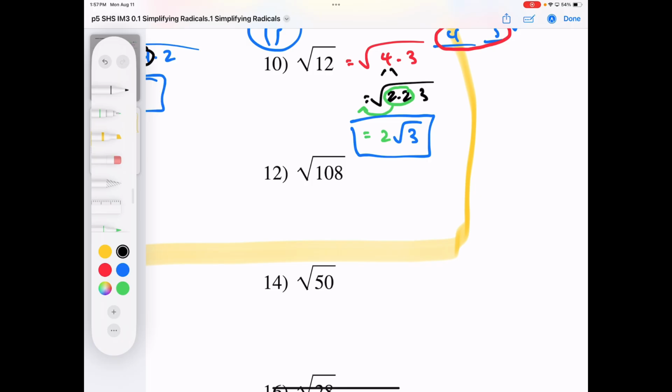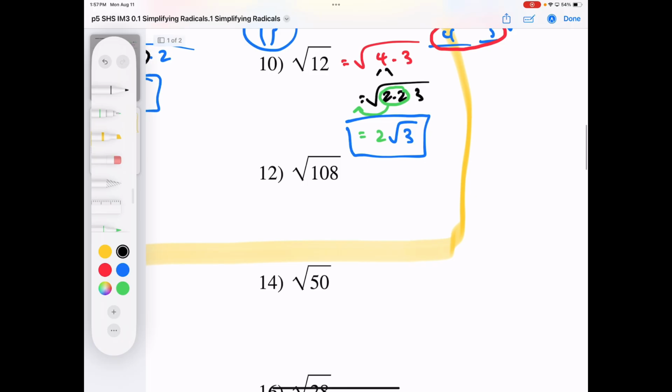Eritzel, go ahead and tell me some numbers that multiply to be 108. Good. Anyone else? 54 times 2. 4 times 27. What was it? 36 and what? 3?